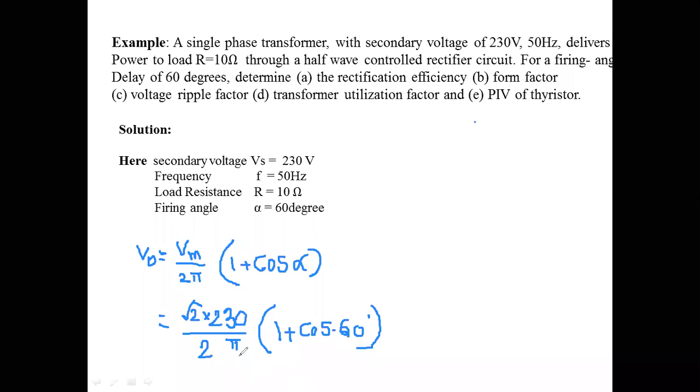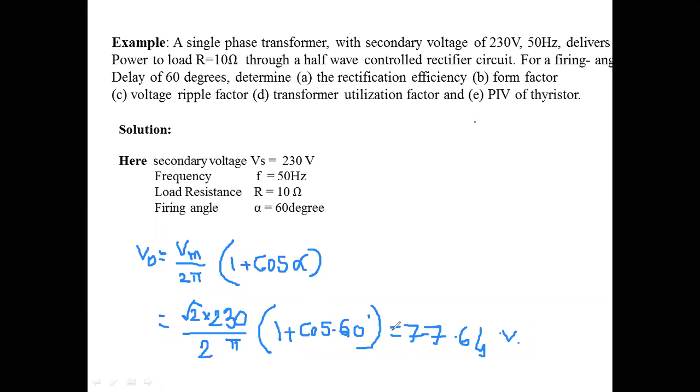We are getting that this total value is 77.64. Okay. In the next class, I will show all these from the problem solution. This is nothing but a way of doing the problem.